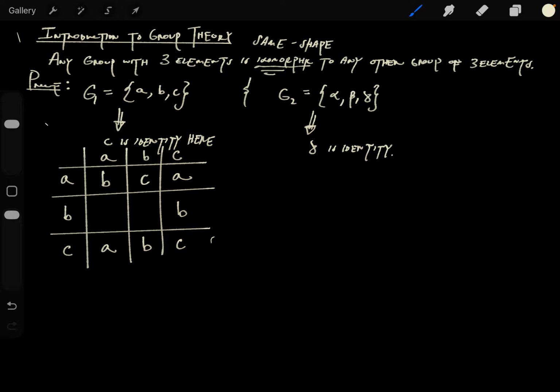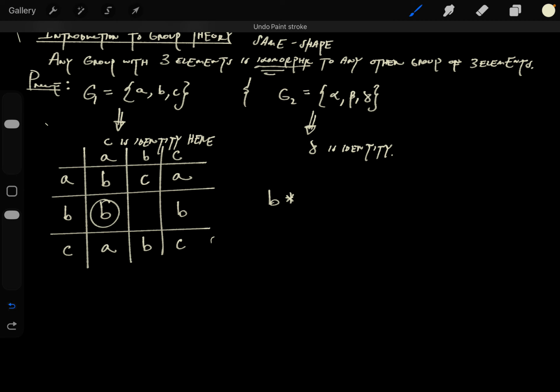And then we go to the next row, and again, by similar logic, let's say that B star A, this location right here, is B. That would again imply that A is C, the identity, because you just do the inverse, and that's no good either.